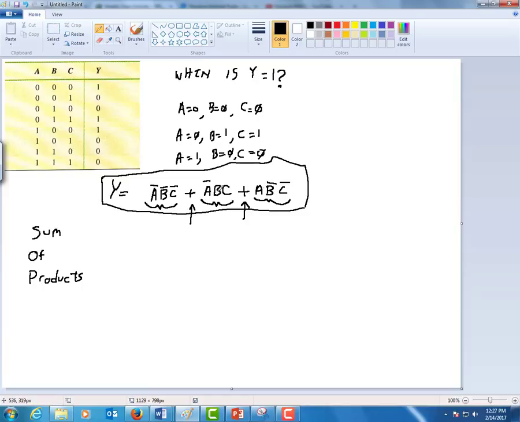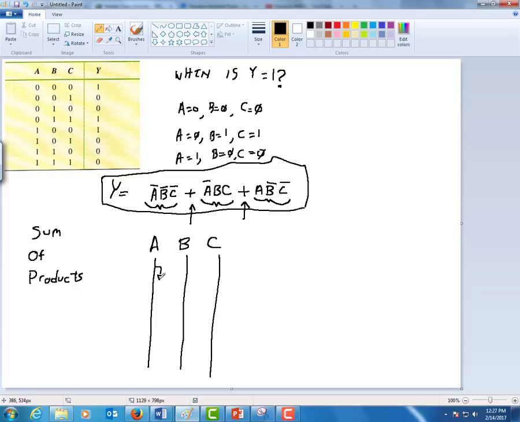Now, while we're at this point, let's just draw the circuit. Why not? What do we have? A, B, C. Whenever I see an expression, I just automatically want to draw it, I'm sure you feel that way too. That's why we're doing it together, right? Alright, A, B, C. What do we have here?